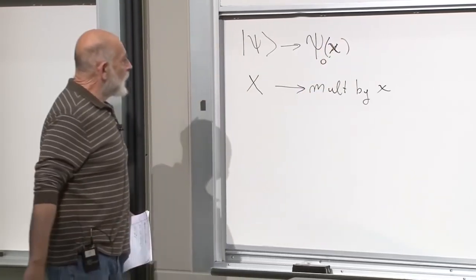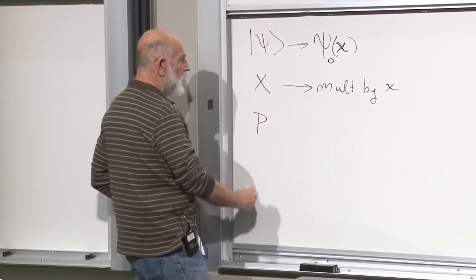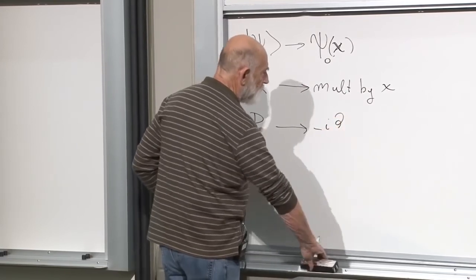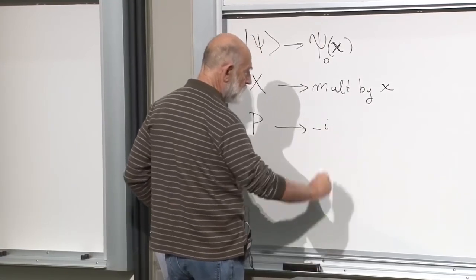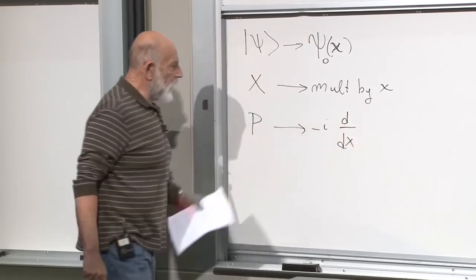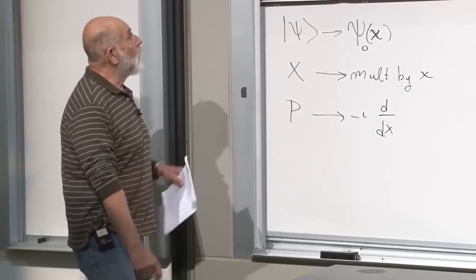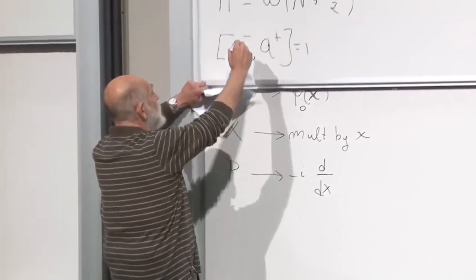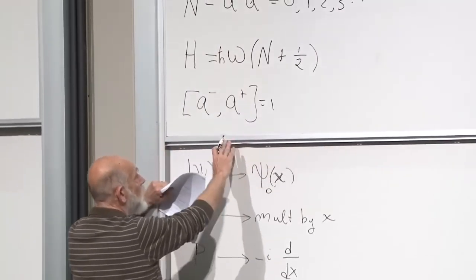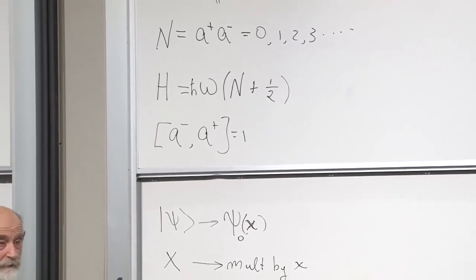Okay, the momentum is replaced by minus i d by dx, just the derivative with respect to x. Again, there's an h bar in there if you want to keep track of h bars. If you do want to keep track of h bars, here's where it goes, right here. And that's the only place where you have to modify what I've done here.